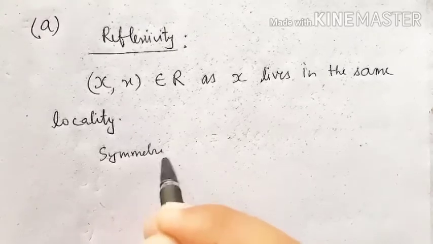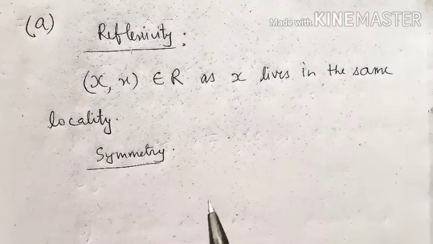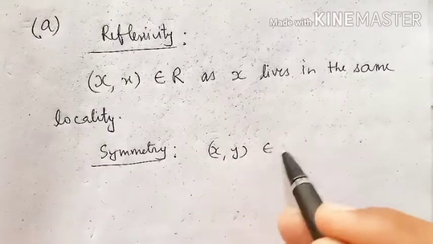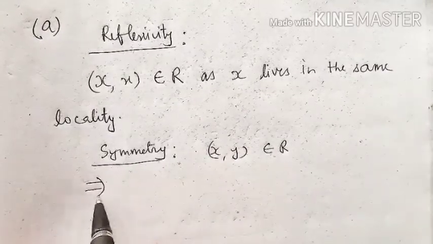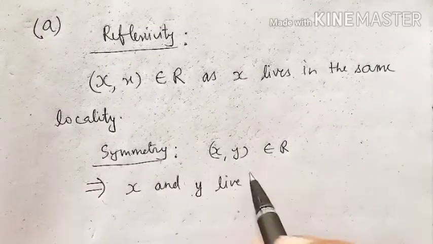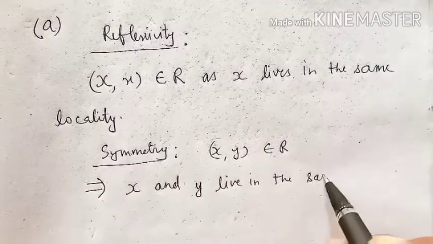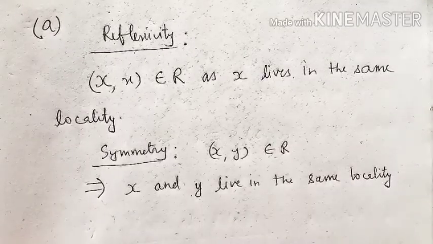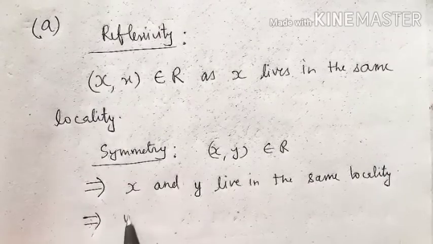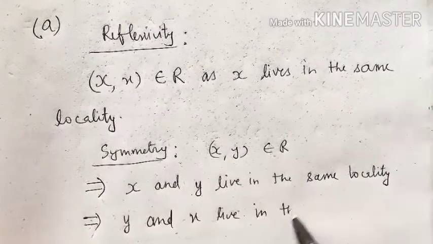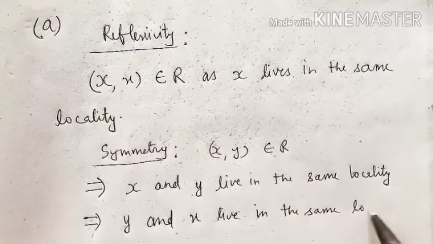Symmetry: (x, y) belongs to R implies that x and y live in the same locality, implies that y and x live in the same locality.